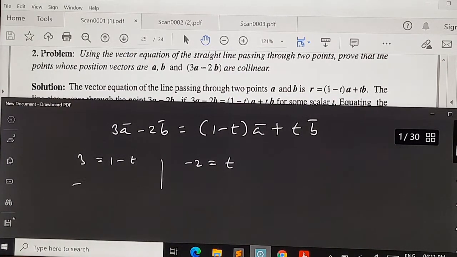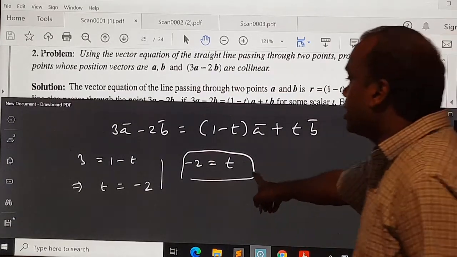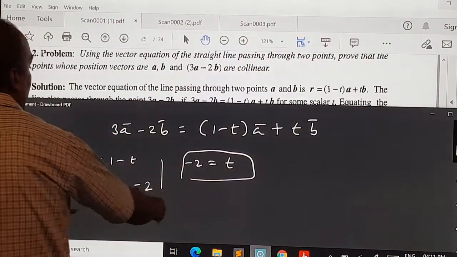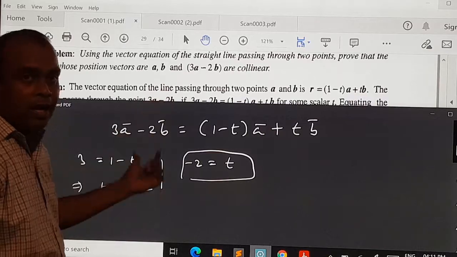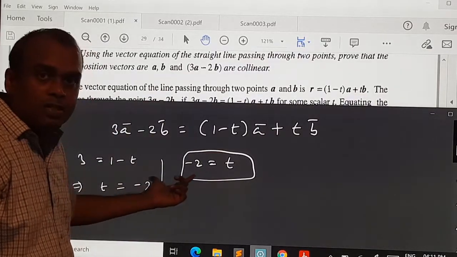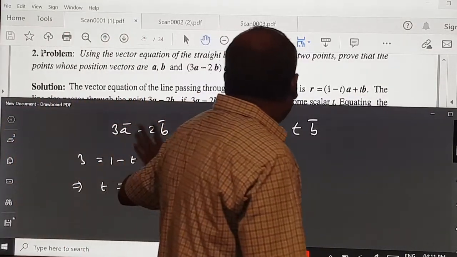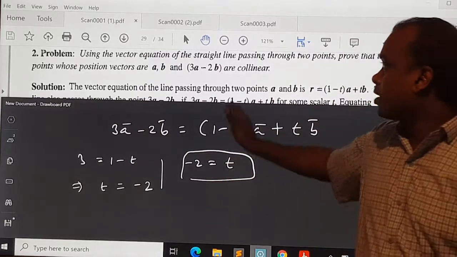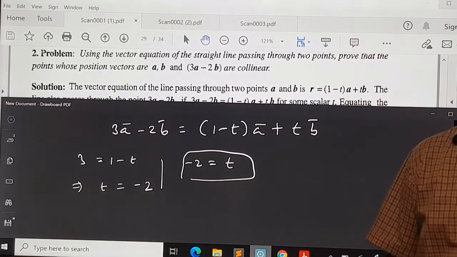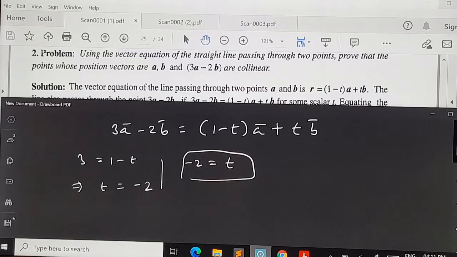I want you to observe that whatever the value of t I am getting from this, it is matching with the t value that you already have from the second equation over here. That means this is satisfied, I understand that the point lies on this line. That means all the points are collinear. Let's move on to next solved example.